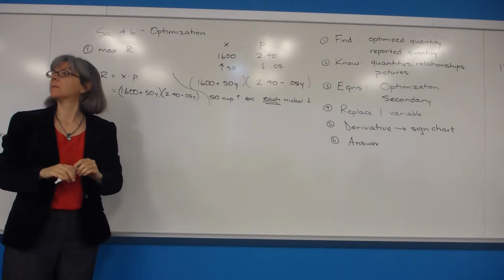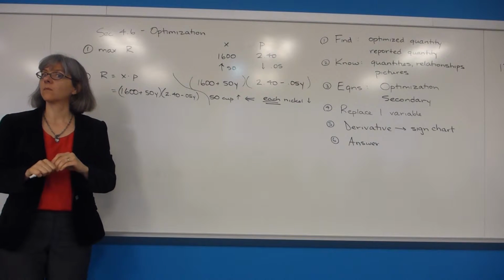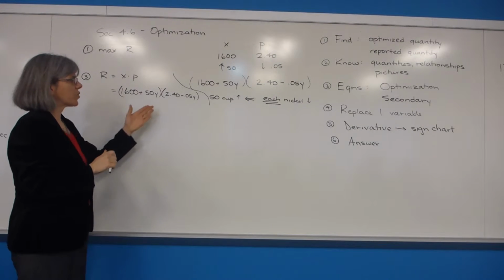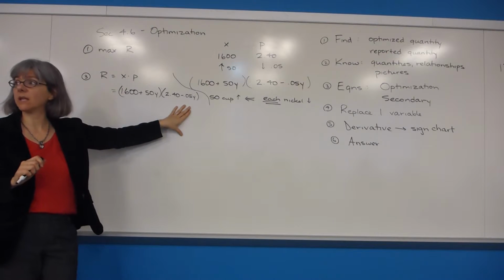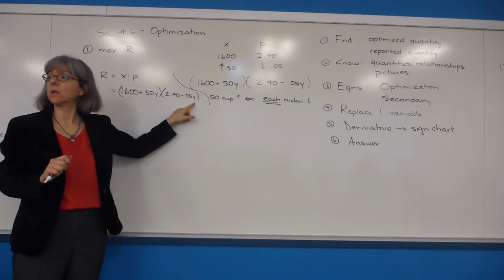Yes? Wouldn't you find the zeros first before you move on? Or is that not really necessary just because you're looking for the maximum? Not really. At some point, I know there is one limit that I have. I can't have a negative price, so there's going to be a lower limit to how many nickels I can subtract from the price. I'm not giving the coffee away.